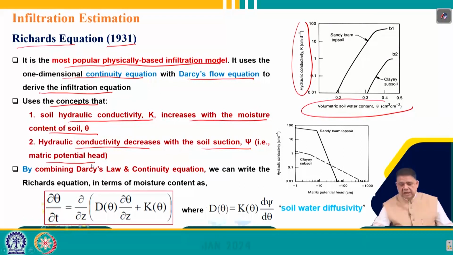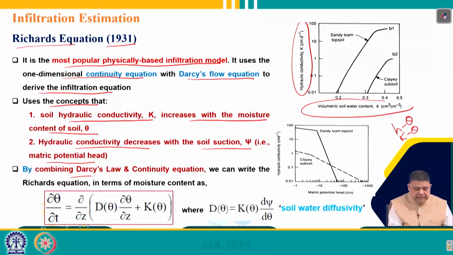As I already mentioned, we can use the pressure plate apparatus to get the S theta data, and then we use some models to fit the K theta data. So, we can also get the K versus H and K versus theta values. By combining Darcy's law and the continuity equation, we can write the Richards equation in terms of moisture content.